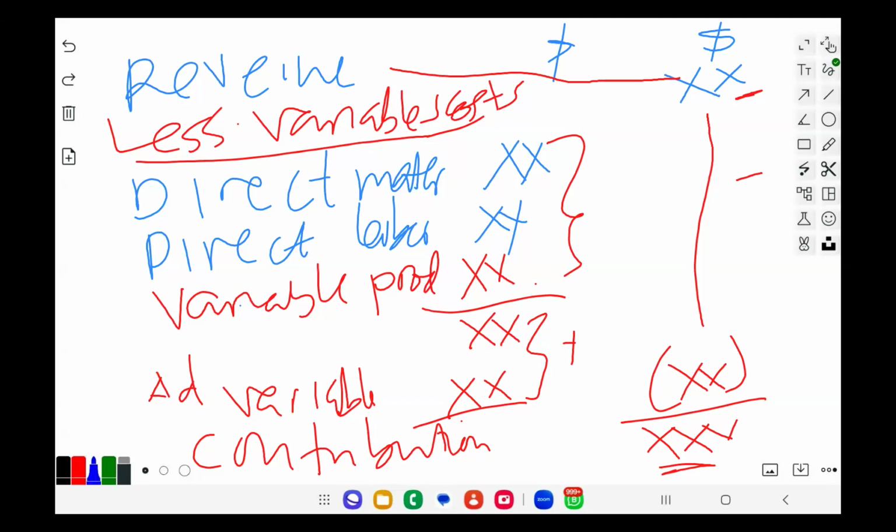If they are different, you need to multiply the direct material cost per unit times the units produced. That will give you the direct material cost. And also when it comes to labor cost, the labor cost per unit multiplied by the units produced, you record here. Then variable production overhead per unit as well, multiply and record here.